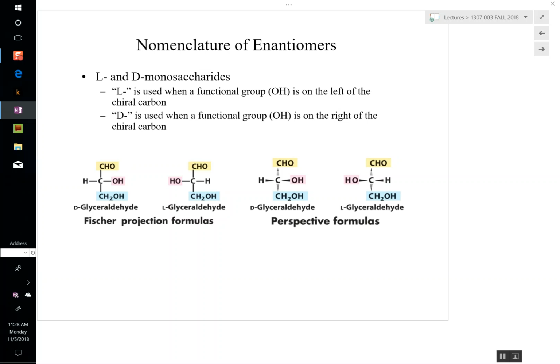Okay? They're all D. So nature makes these monosaccharides with the OH on the right, on this carbon.